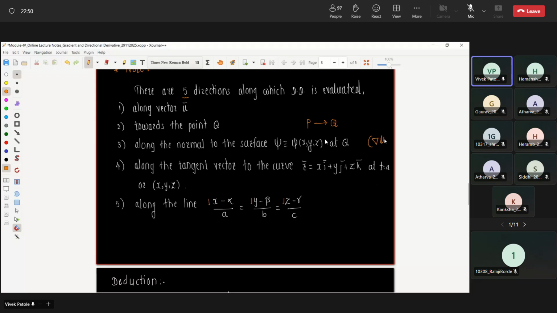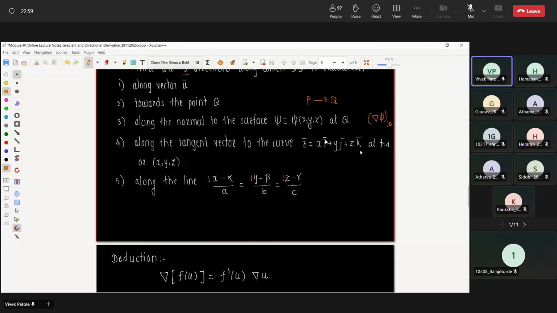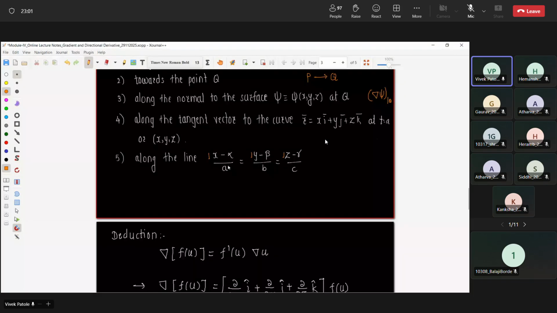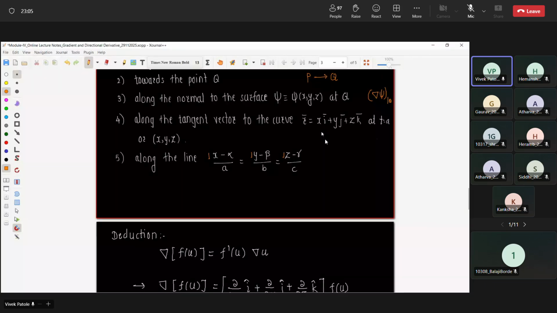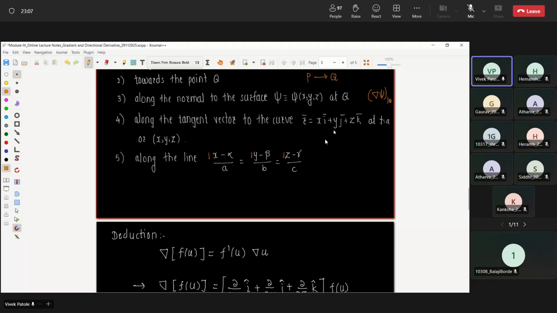It is del psi at point Q. Normal to the surface psi will be del psi. Then along the tangent vector to the curve r bar equal to xi bar plus yj bar plus zk bar at p equal to a or xyz.